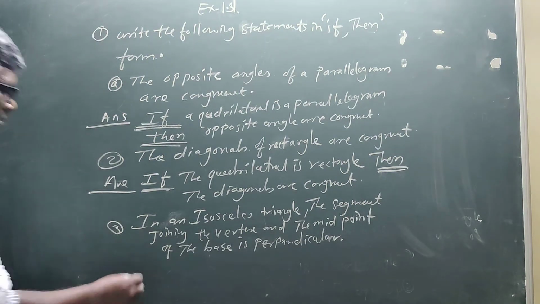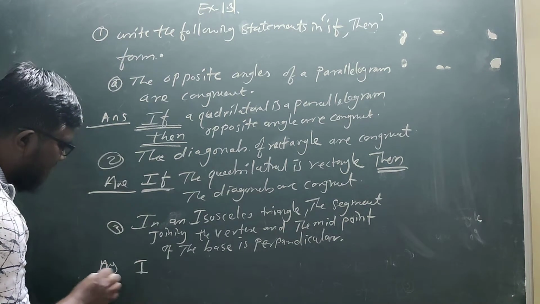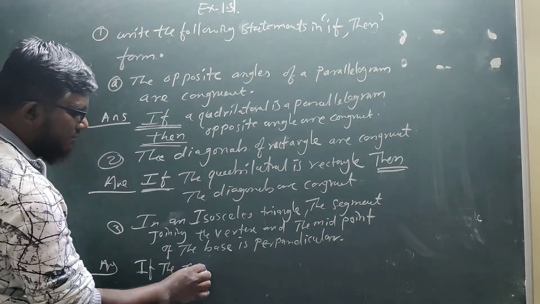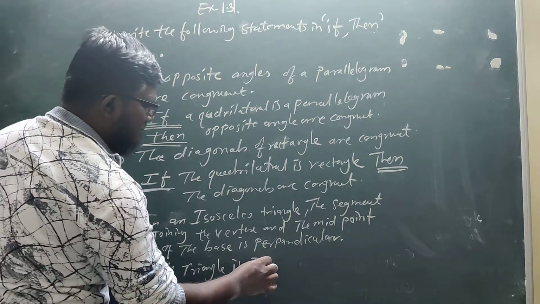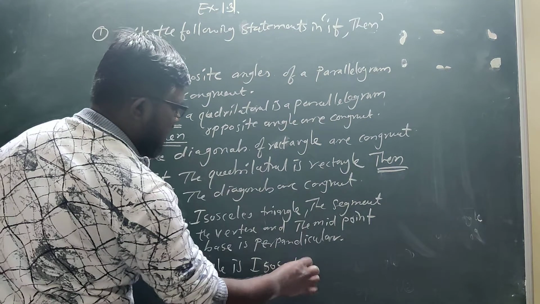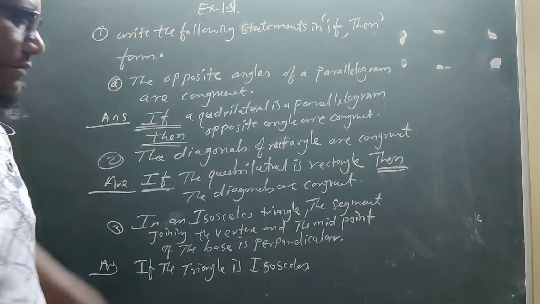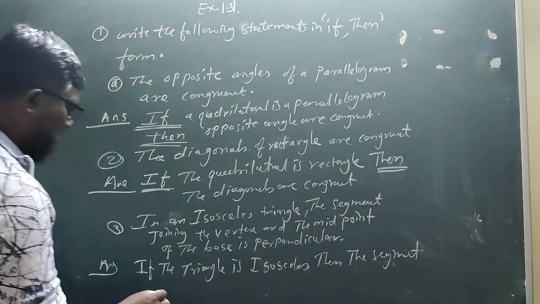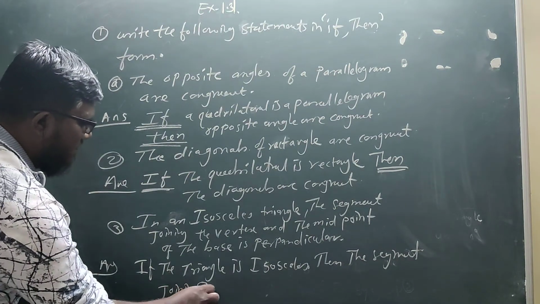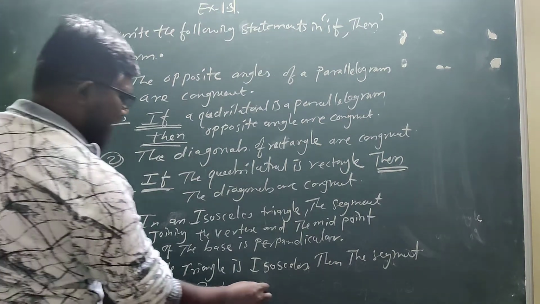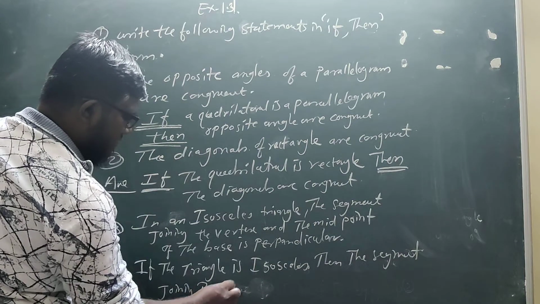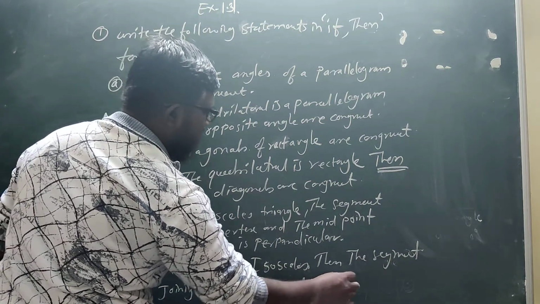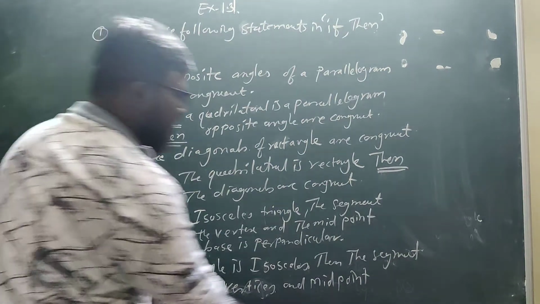Instead of in, we will write if the triangle is isosceles, then the segment joining the vertex and the midpoint of the base is perpendicular.